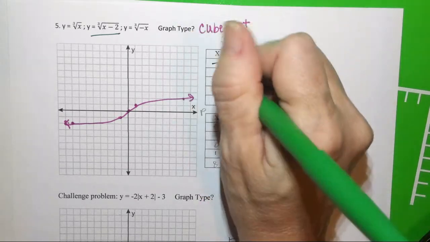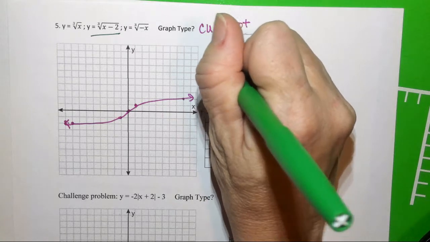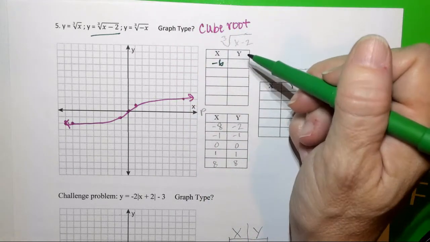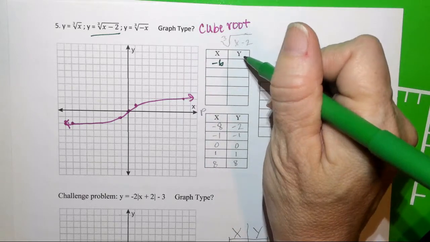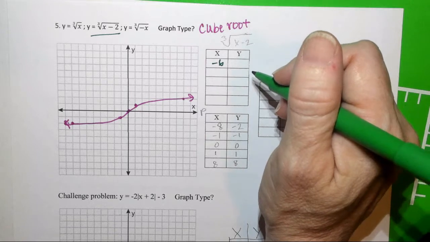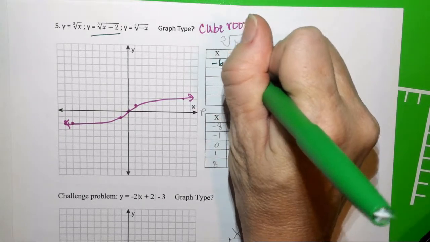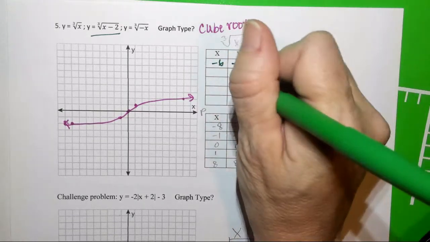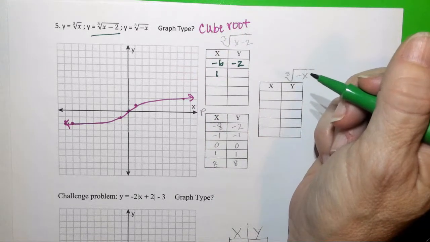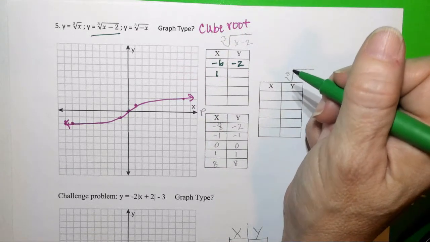So let's use -6, because I know that -6 minus 2, actually, yes, is -8. And the cube root of -8 is going to give us -2. And then how about +1? +1 minus 2 gives us -1.